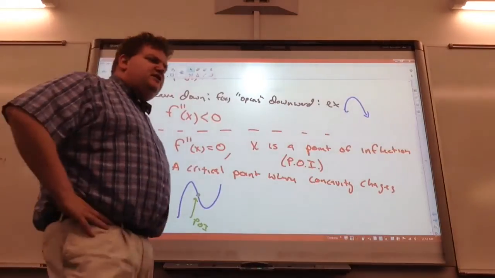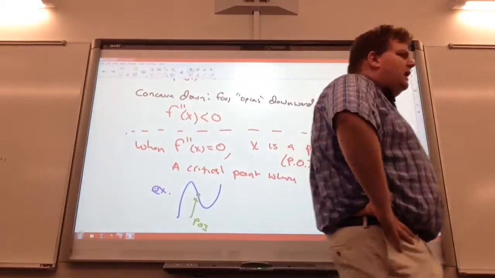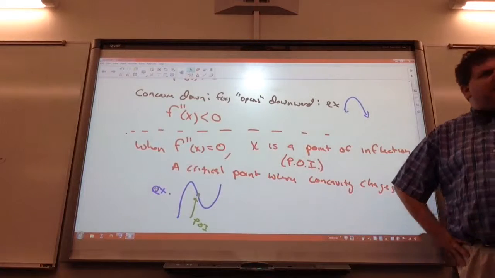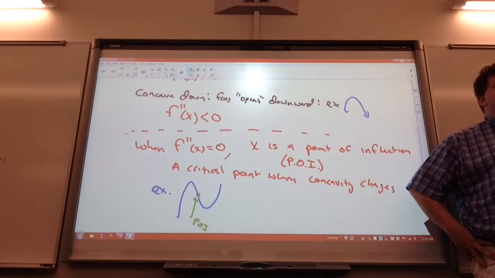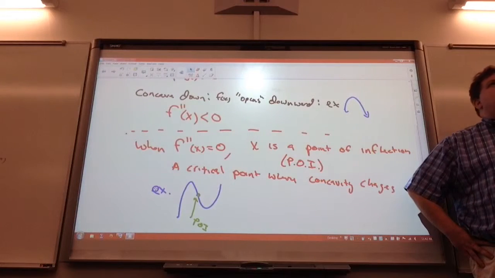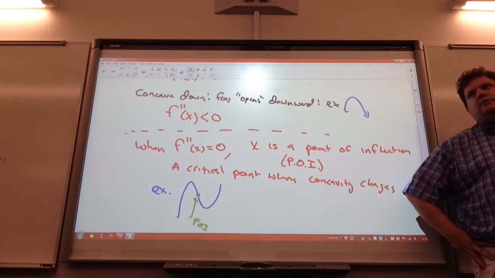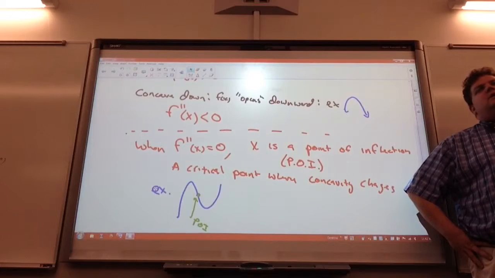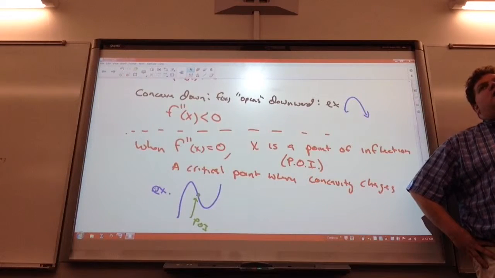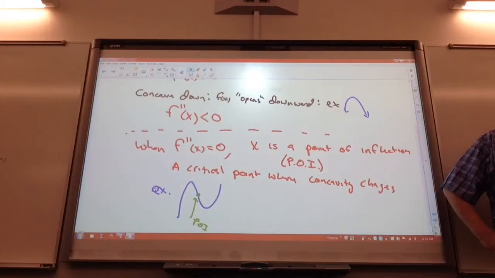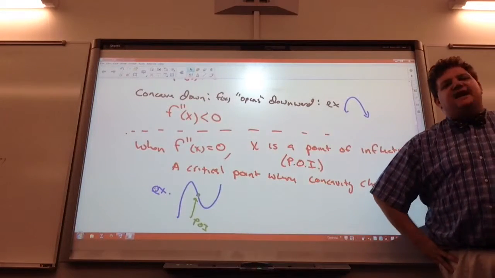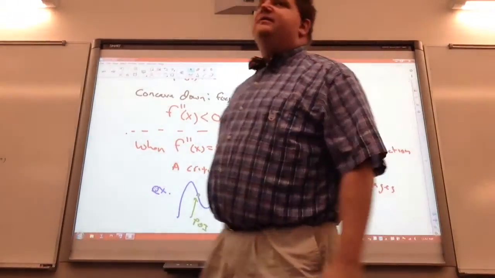There are alternate definitions of concavity that you can check. For example, concave up means the slopes of your tangent lines go from negative to positive, and concave down means the slopes of your tangent lines go from positive to negative.